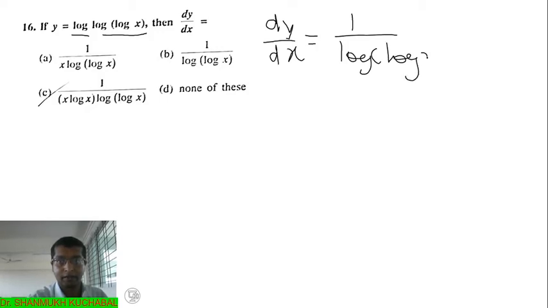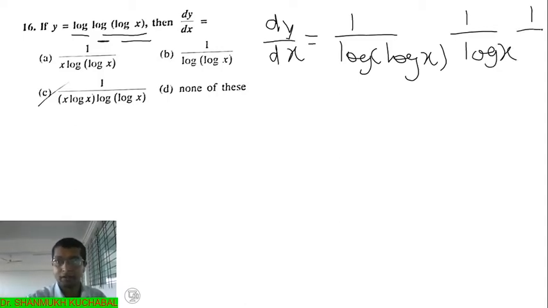Okay, so further, we have to treat log as the outer function, and log x is the inner function here, right? So we get the differentiation as 1 by log x. So further, log x differentiation is 1 by x. So once again you can go through it. Log of log x.